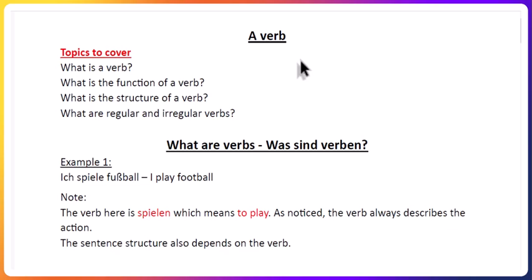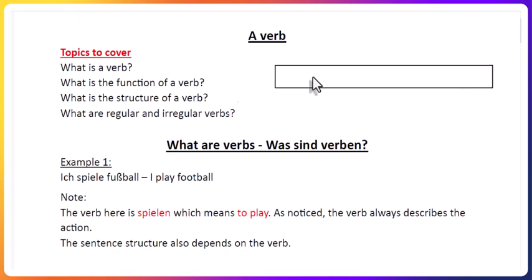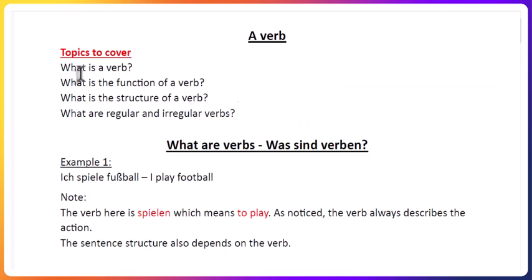So today we are going to cover a few topics under the verb in German. By the end of the lesson, you should be able to know what a verb is, the function of a verb, the structure of the verb, and some types of verbs, basic types, which are two.